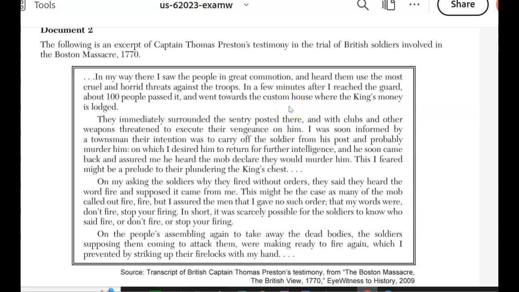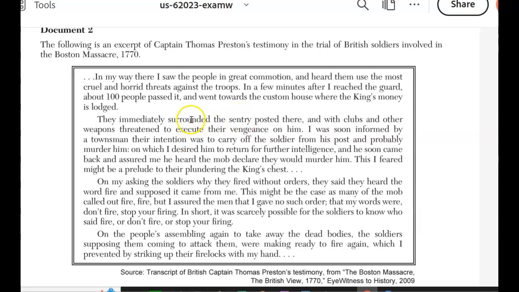So the custom house was a sort of treasury in Boston where the money for the government was kept to pay the salaries of the soldiers, and it was the money that was collected in taxes. So here he is, he's got a surging crowd of people who are headed to the treasury.